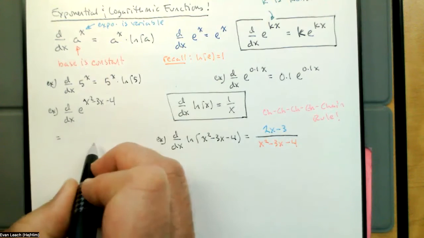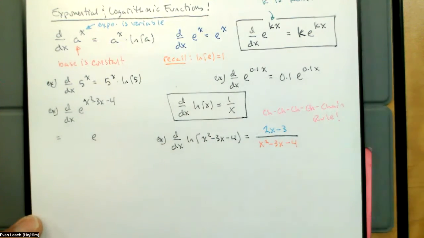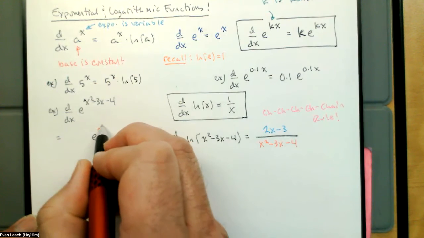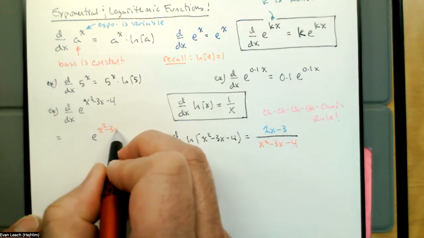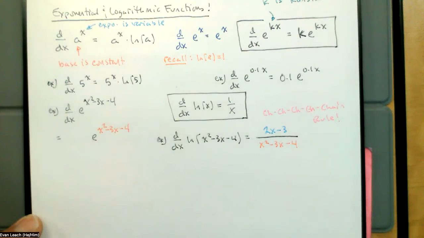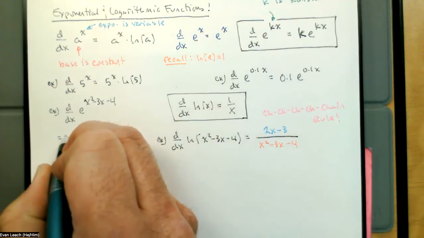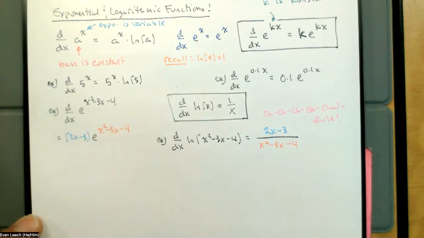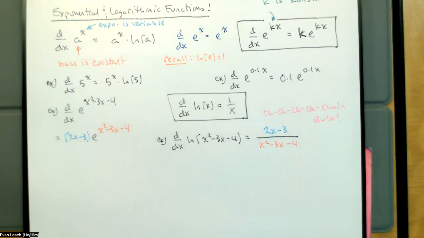the derivative of e to the something is e to that thing times the derivative of that thing. e is constant. So chain rule is always in effect, because sometimes the derivative of the inside is just 1.